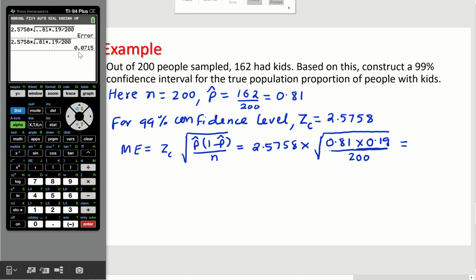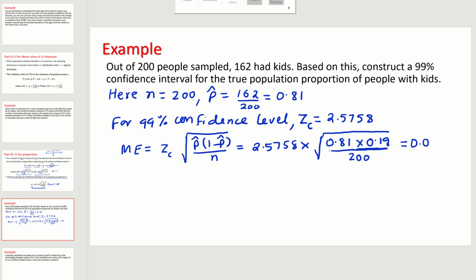Okay, I'm just checking here. 2.5758 multiplied by the square root of 0.81 times 0.19 divided by 200. Yeah, that is 0.0715.